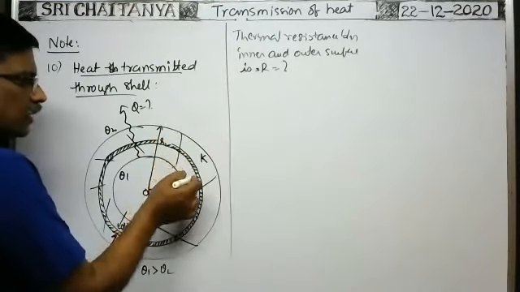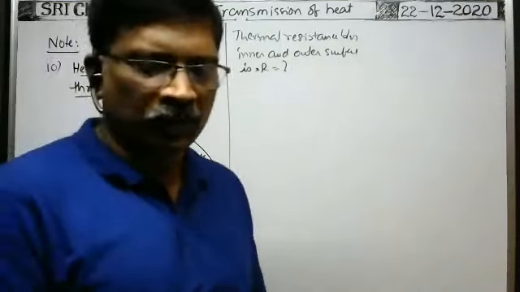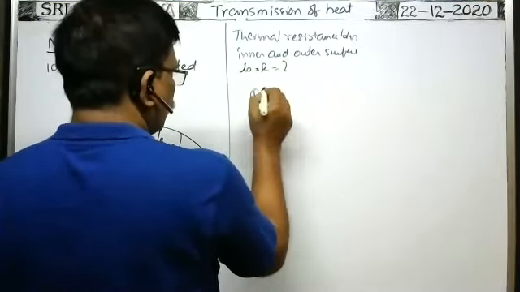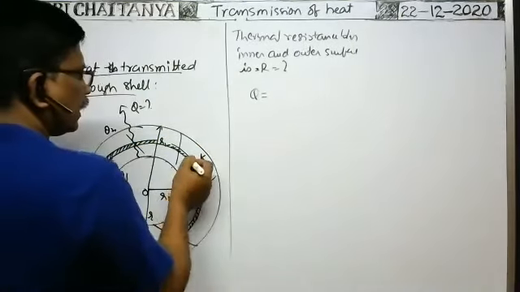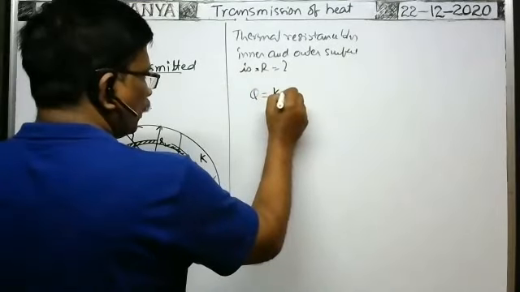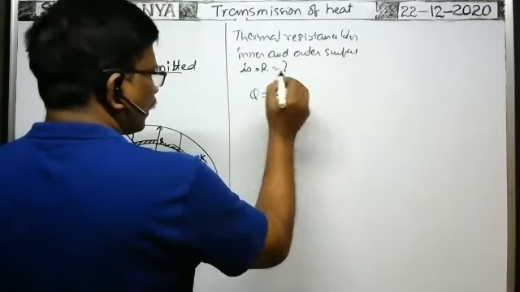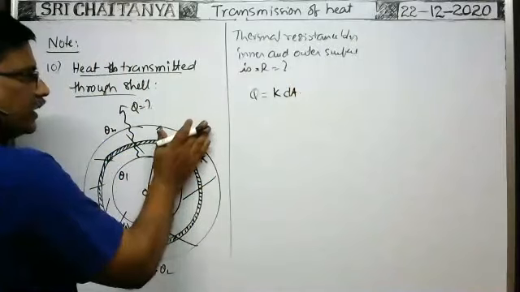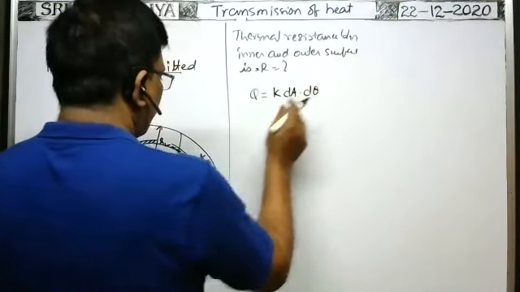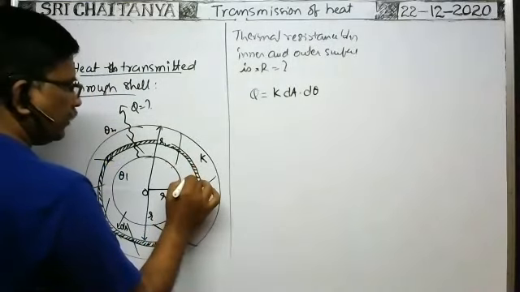So the heat energy transmitted through each and every element remains Q. That is the same. So the heat energy transmitted through the element, Q, is equal to the coefficient of thermal conductivity K, which is the same for every part, into the surface area of the element through which heat is transmitted, into the temperature difference across this element, say d theta.